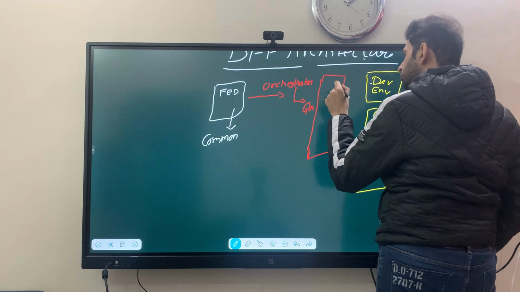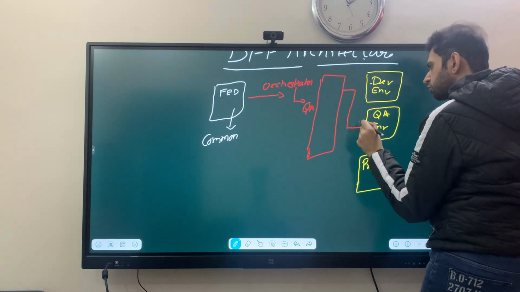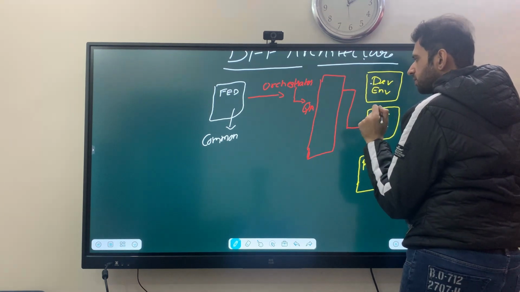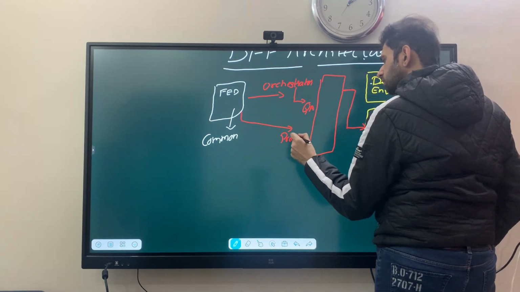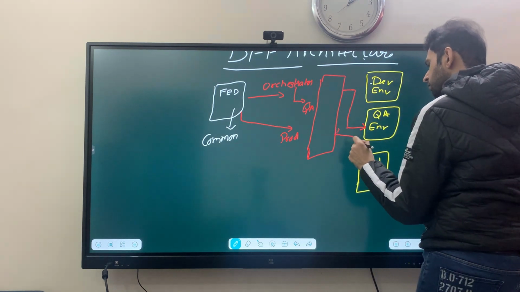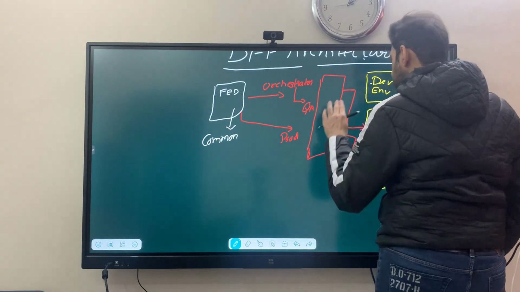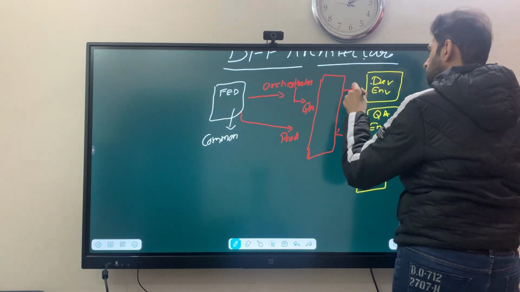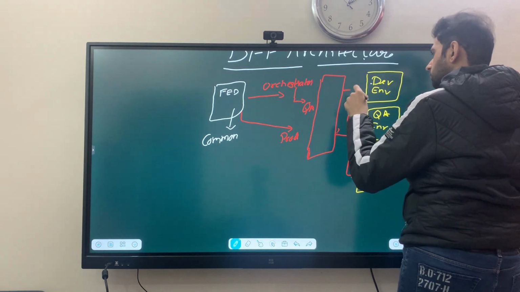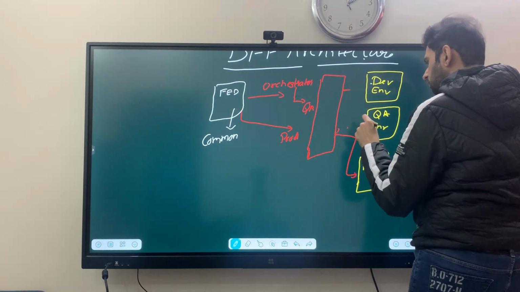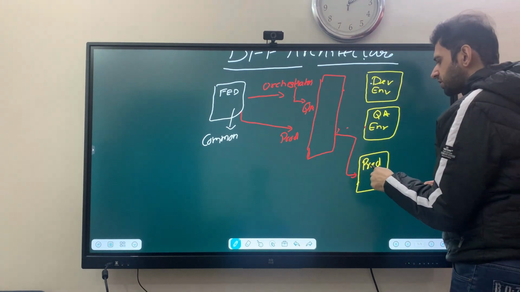So the orchestrator will just go here and connect to the QA environment. Now, what if a frontend says, okay, give me a production environment? It will connect then to the production environment.